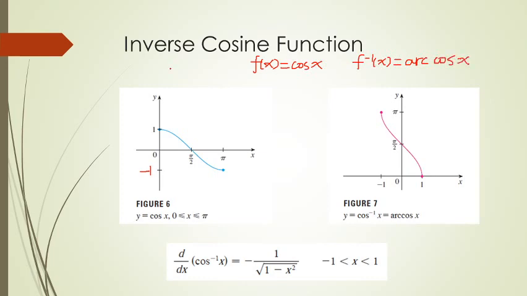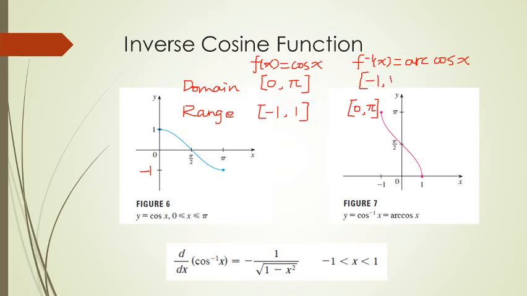The domain for the cosine is 0 to pi, and that becomes the range for the inverse. The range for cosine is minus 1 to 1, and that becomes the domain for its inverse.